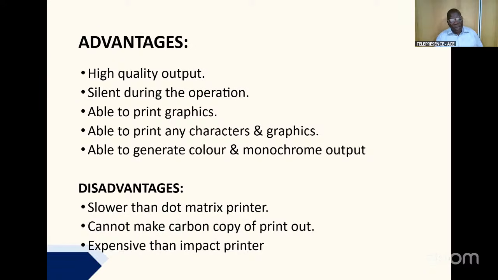Advantages: high quality output, silent during operation, doesn't make noise like impact printers, able to print graphics, able to print any characters and graphics, able to generate color and also can produce monochrome output.